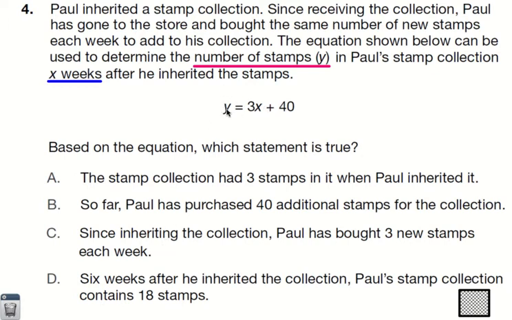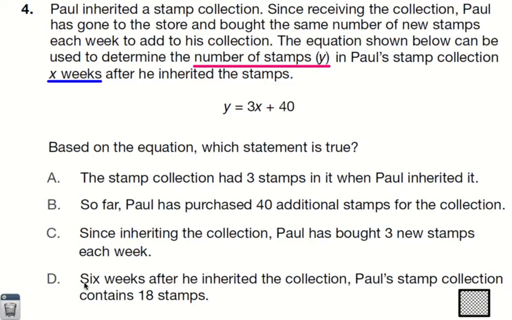If the total number of stamps is going to equal the number of weeks times 3 plus 40, this plus 40 must have just been there in the first place, like a one-time thing. So I would believe that there was 40 stamps to begin with. Do any of these choices say that?